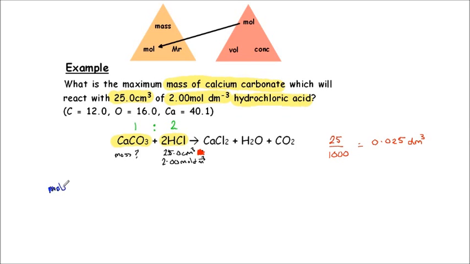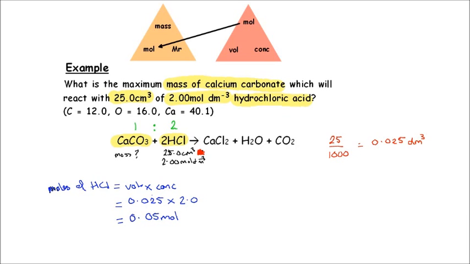Moles of HCl is going to be equal to, like we said, the volume times the concentration. We know the volume is 0.025. Remember, we're using the decimeters cubed version of it. Times by 2.0, which is the concentration, which gives us 0.05 moles. Okay, and that's our units.